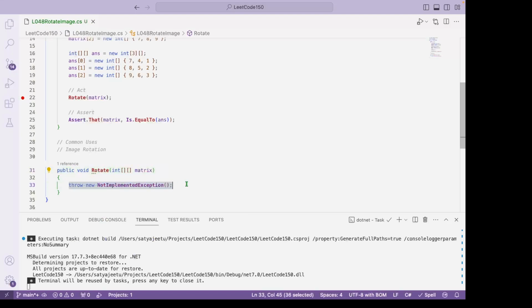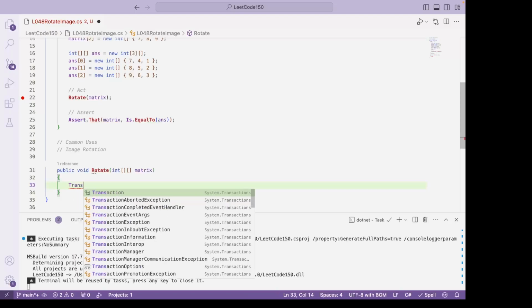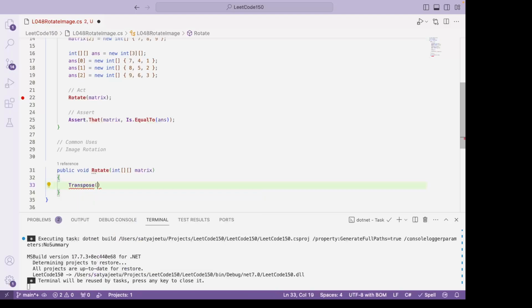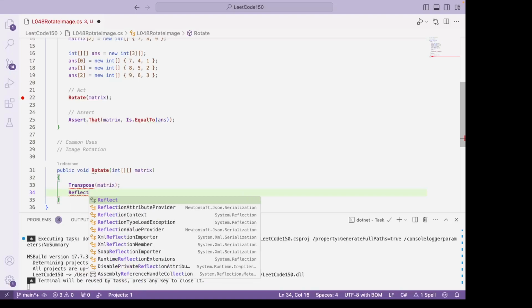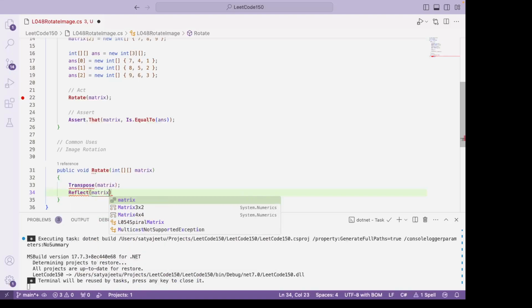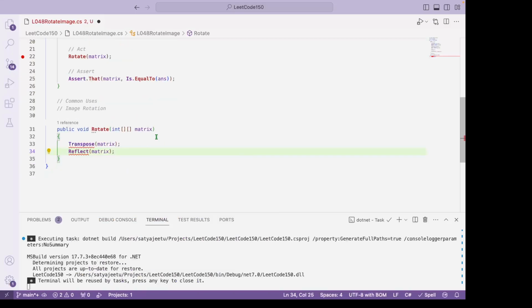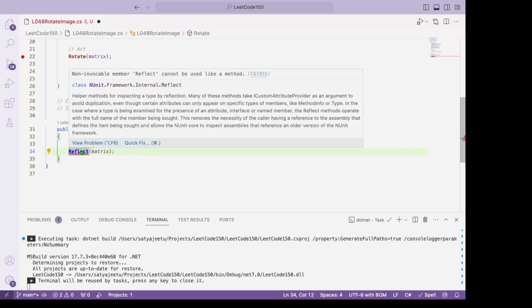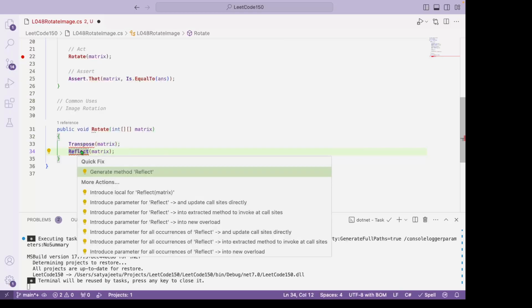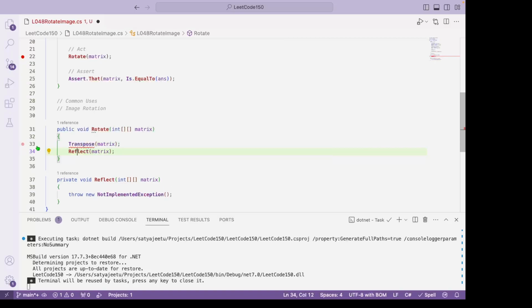So the first thing we want to do for this matrix is transpose, and the second thing we want to do is reflect. These are the two methods we want to solve this puzzle efficiently. So let's flesh out the methods for these also.